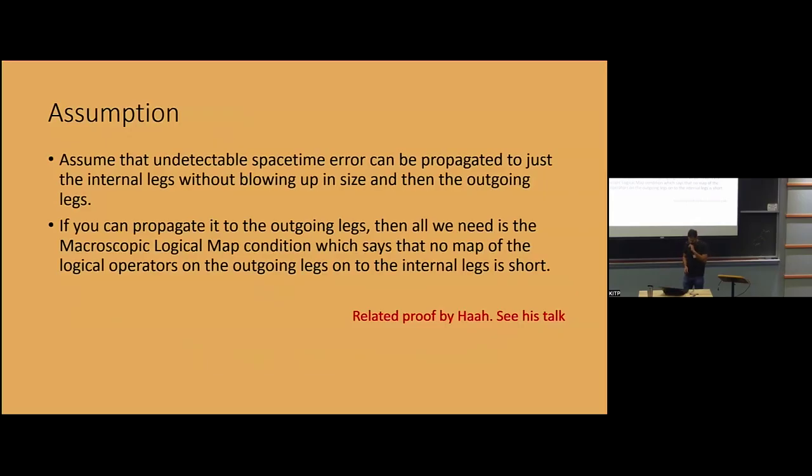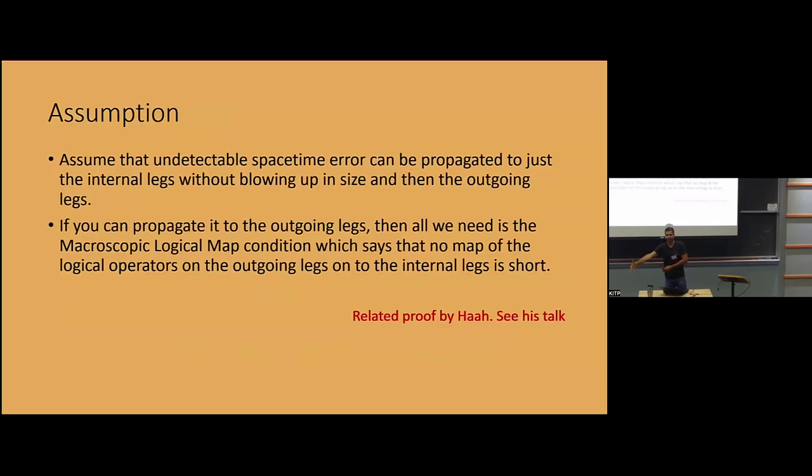So the point that I'm trying to make is that if you have some undetectable space-time error in that circuit, we first want to move that error to the internal legs, the part of the space-time dynamics which corresponds to the internal legs. And once you move that to the internal legs, we assume that you can move those Pauli operators to, let's say, the outgoing stabilizer code.